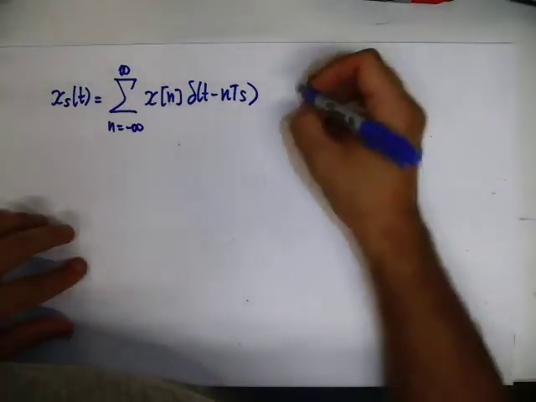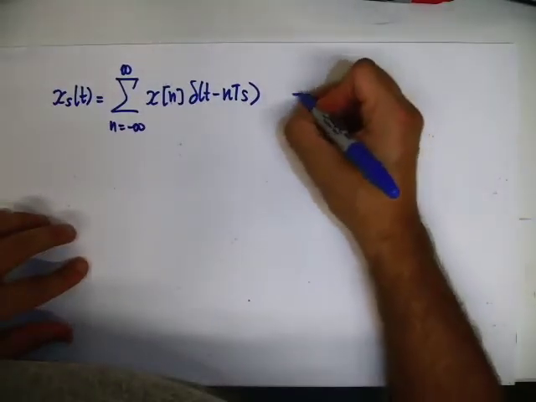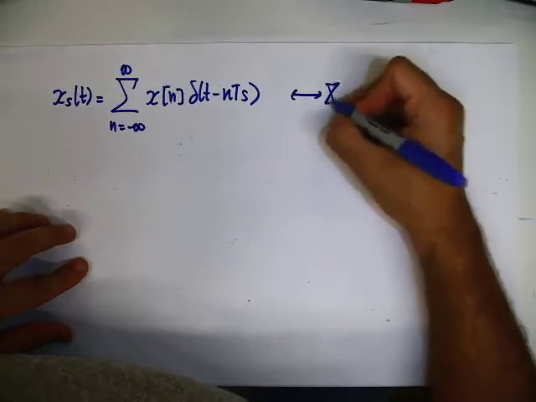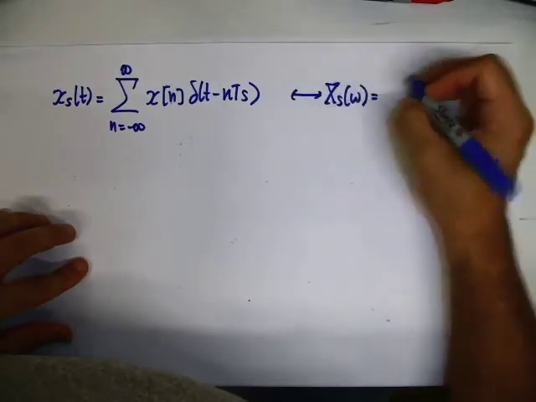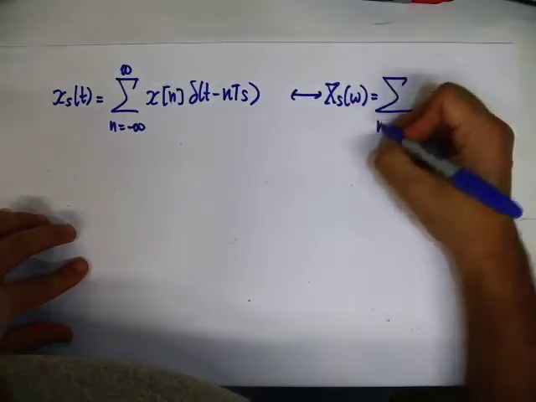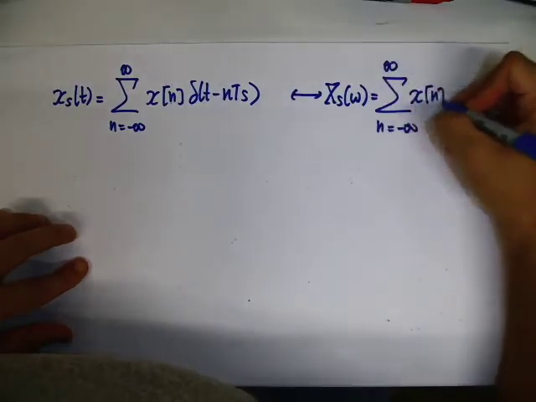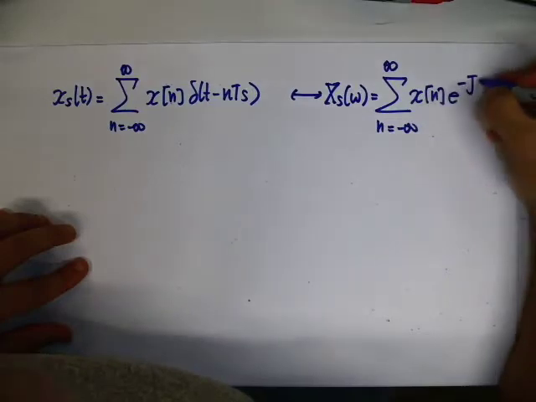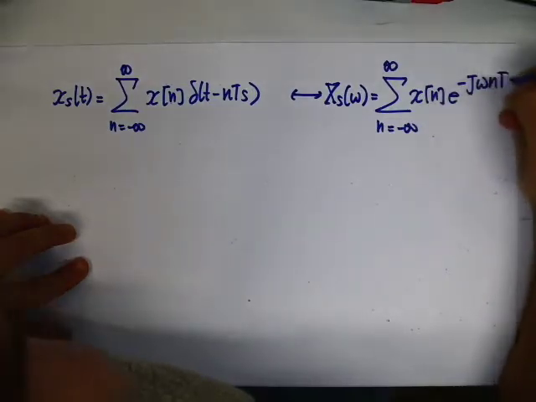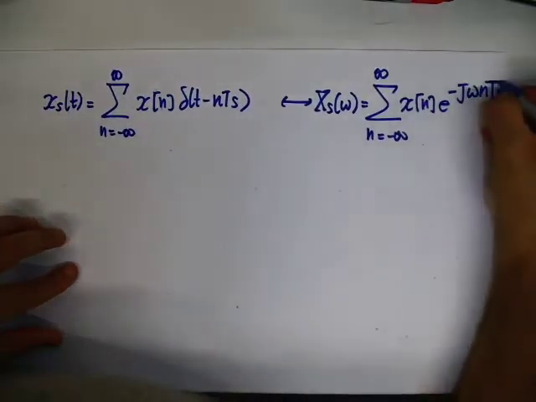We have seen that the corresponding Fourier transform is written as a sum of, is right?